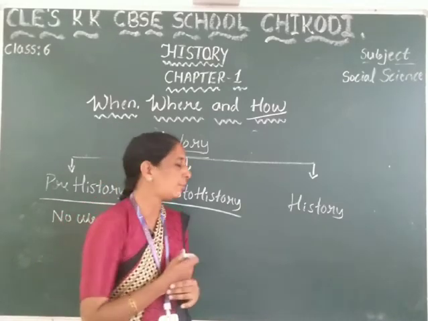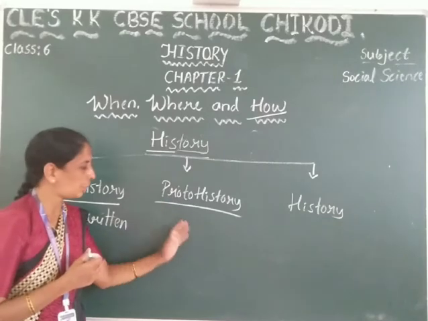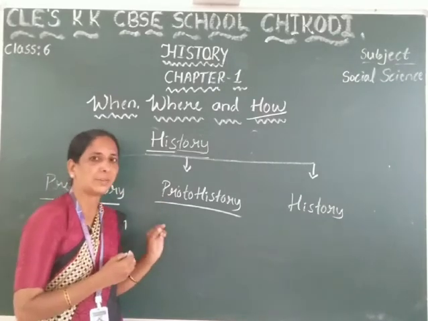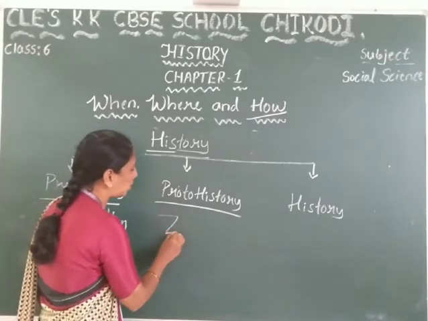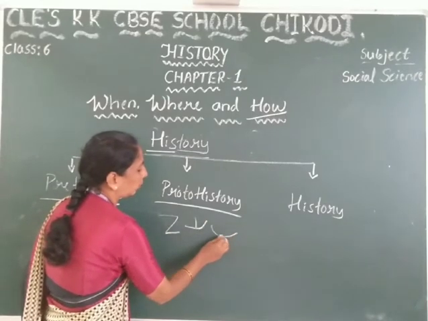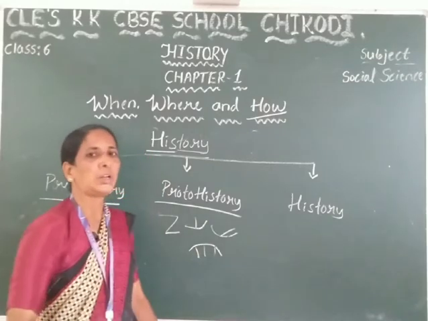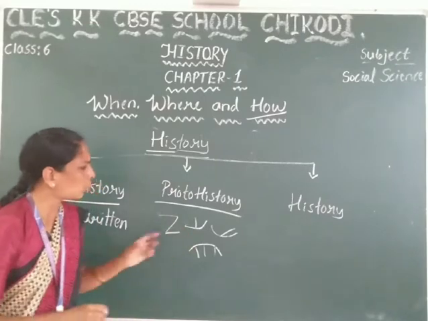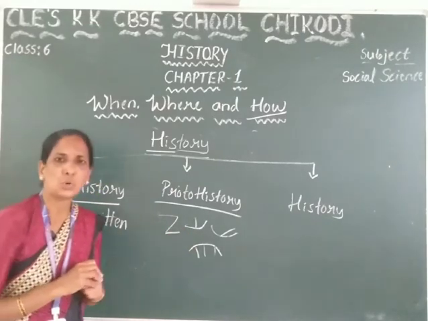Okay. So also here we are seeing some records, not written records. Some symbols are seen here, because when he was painting on walls, it was like pictures, like symbols. So he painted on the walls and also caves. And in proto-history, one thing we are seeing here, he was the stone man.